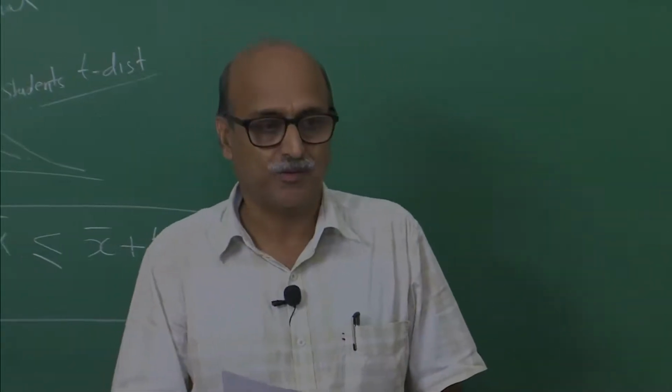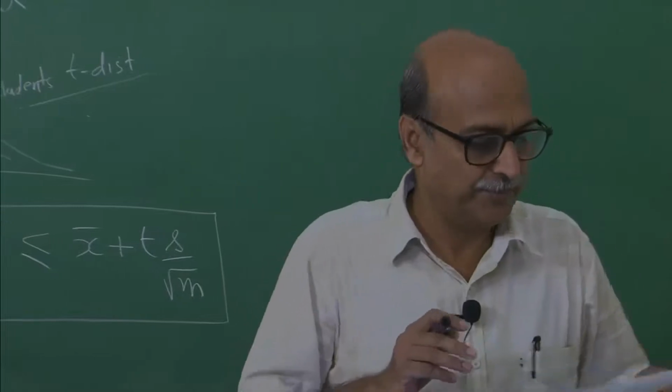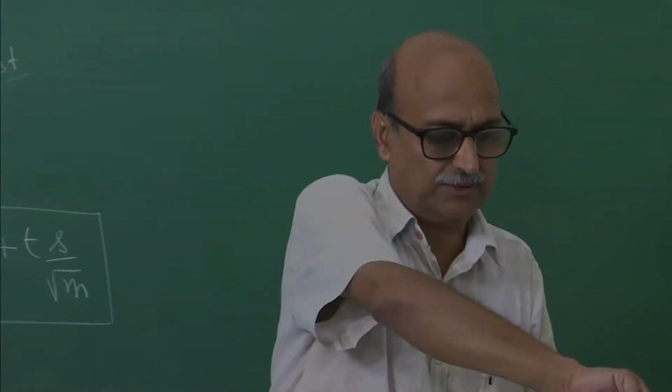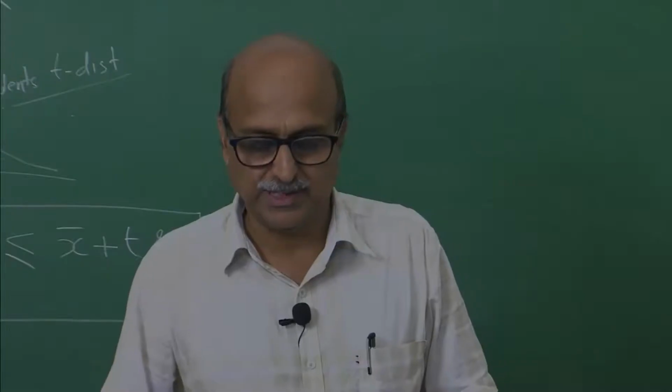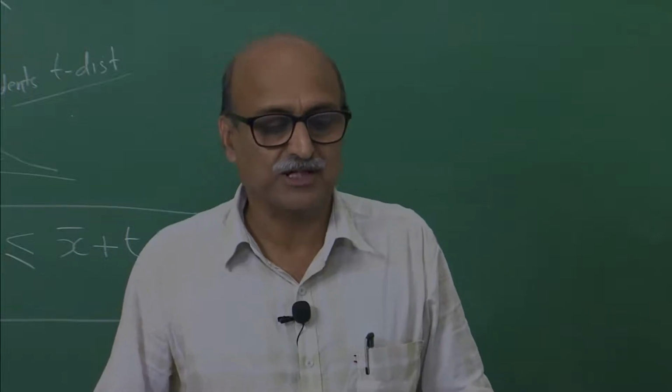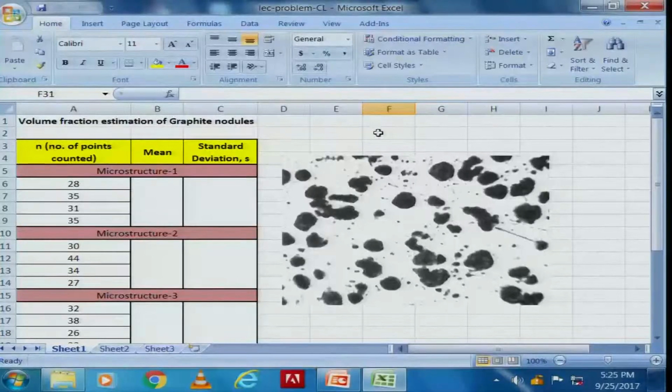What we will do now is take up a simple set of experimental data and do an actual calculation. Here, we want to estimate the volume fraction of graphite nodules by the point count method, and these measurements have been made on different regions of the microstructure as well as in different microstructures themselves.